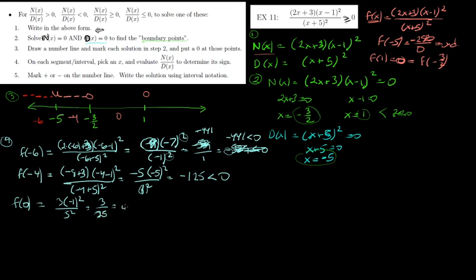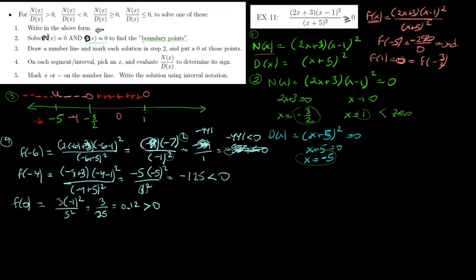Right? Or if you prefer, 0.12. Either way, it's a decimal, it's a fraction, but it is a positive number. It is greater than 0. Okay, so that tells me that at 0, it's going to be positive. And it's going to be positive everywhere between -3/2 and 1. Again, we just happen to pick 0 because it's a nice number, but it's going to be true when x is 0.5 or -1.2 or whatever.